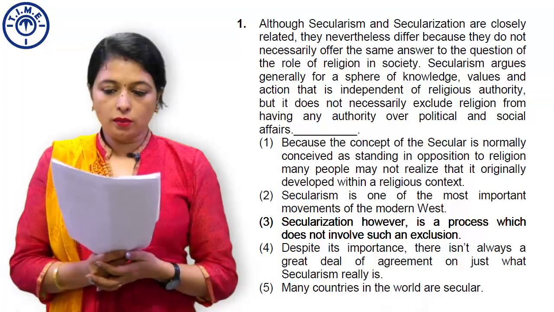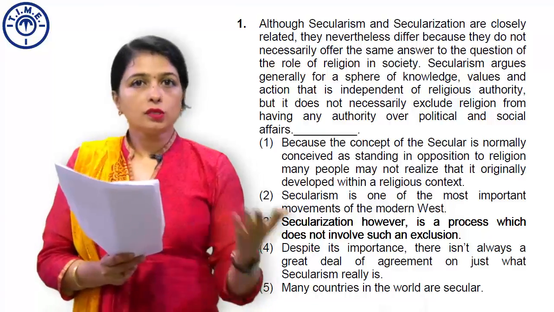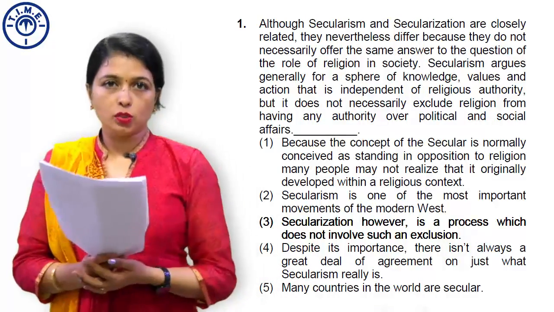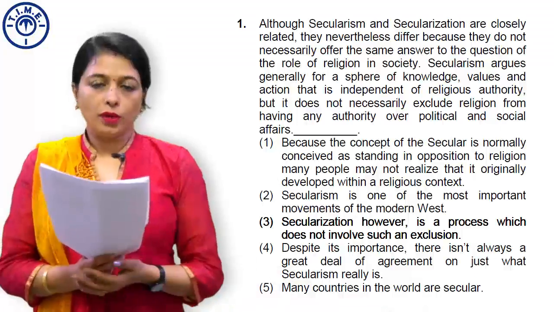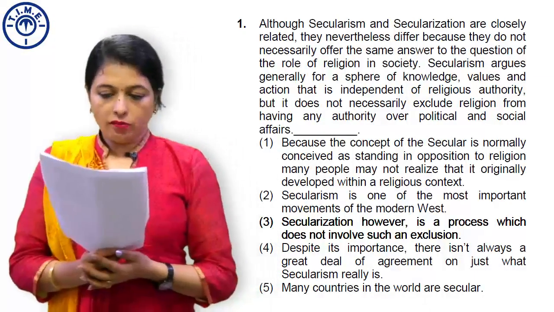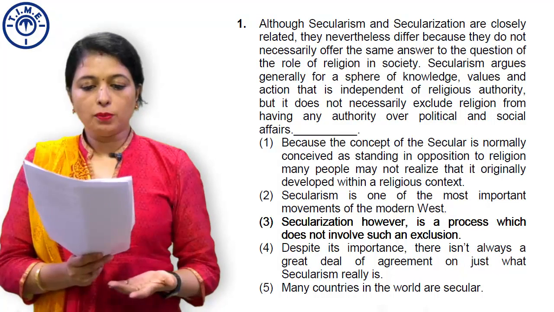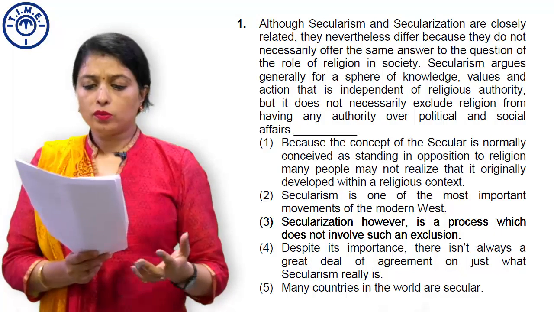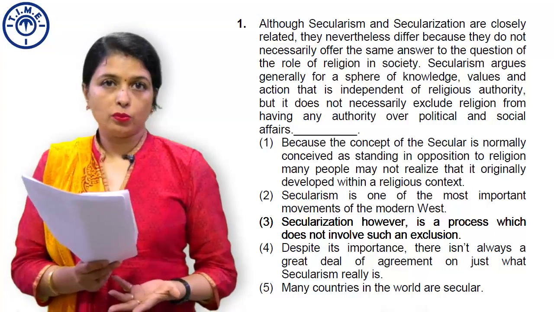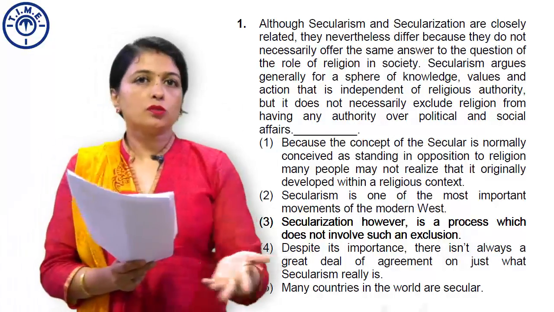So, the first one talks about religious origins of secularism, and therefore, it is not associated. We cannot go ahead with such a choice which takes the topic away from whatever the author or the paragraph has already discussed. Fine. Now, the second option is not relevant at all, because it says secularism is one of the most important movements of the modern world. There is no relevance of what this option says to the rest of the paragraph.